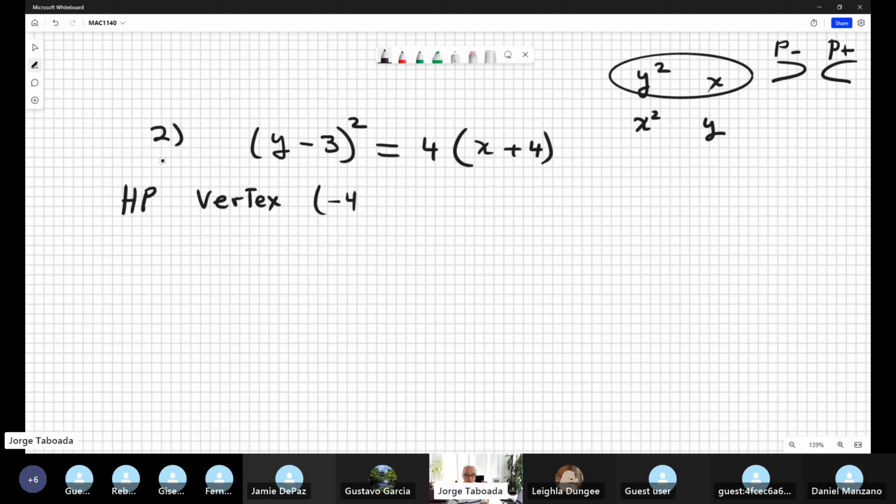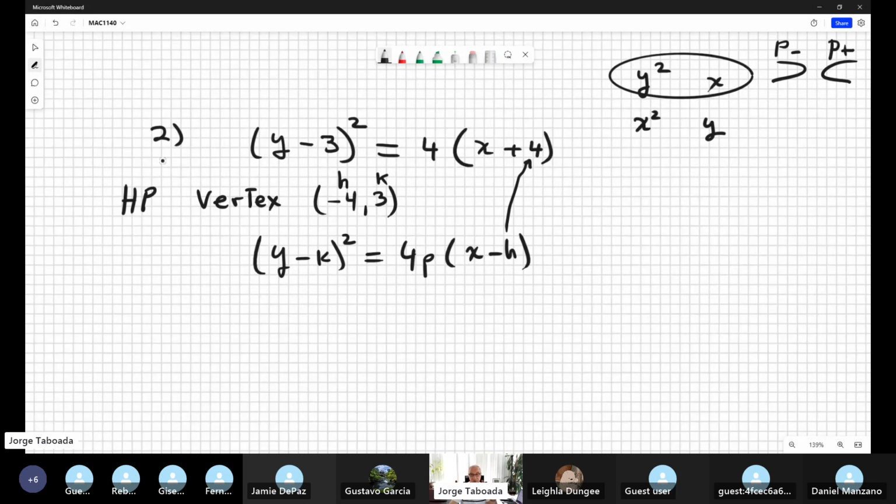-4, +3. Notice this is h and this is k. You compare mentally this equation and this equation. And you see here, wow, this is +4. The reason it's +4 is because h is -4, and a double negative inside the formula becomes positive in the original problem.